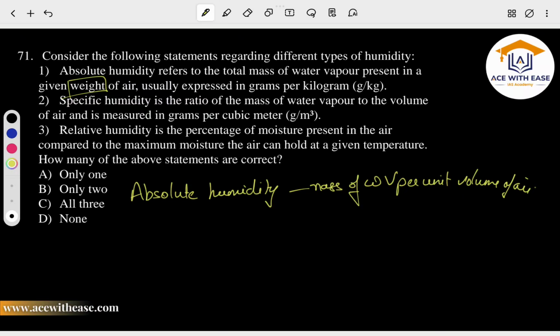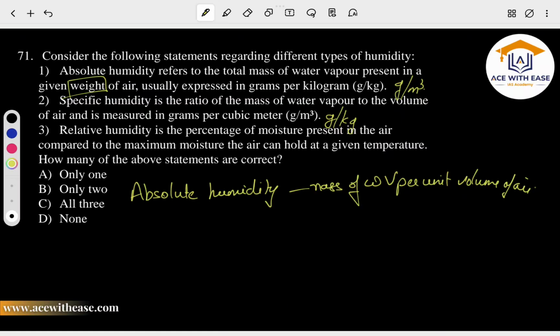And the second statement they have given is the opposite one. Specific humidity is a ratio of water vapor to the total mass of air, and here it is considered in grams per kg. Here it is considered in grams per meter cube. So the opposite one is given.